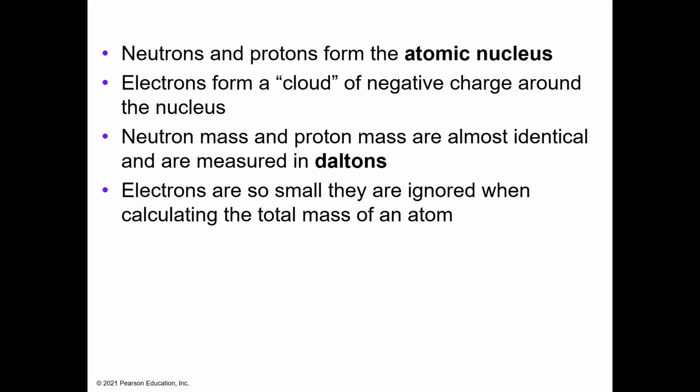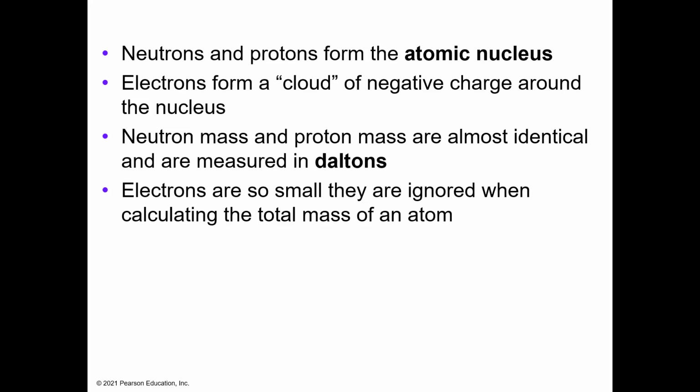They have almost identical mass. If you give them a mass number, which we do, their mass is equal to 1. So one neutron has a mass of 1. One proton has a mass of 1. And these form the nucleus, the center of an atom.